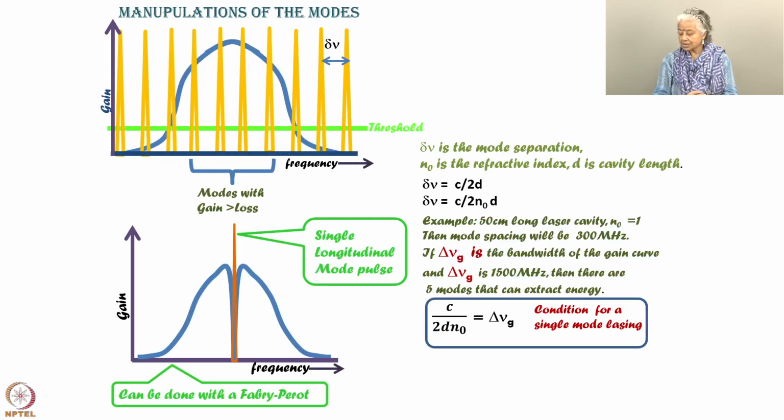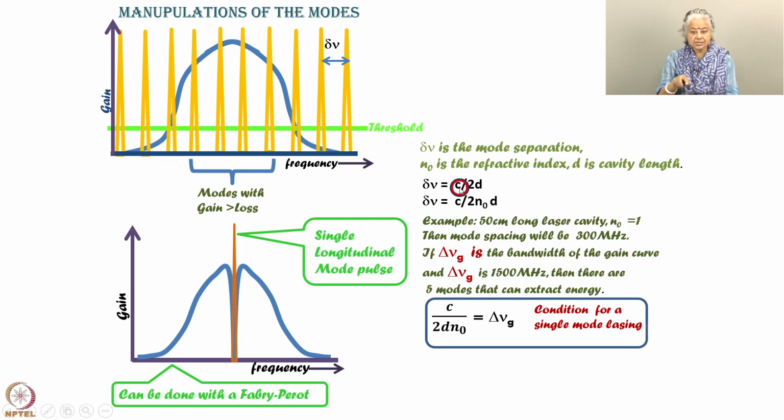So, you already know that any resonator cavity has a whole lot of modes, the ones shown in yellow, and they are all equidistant. I have called it delta nu, that means the separation in frequency.